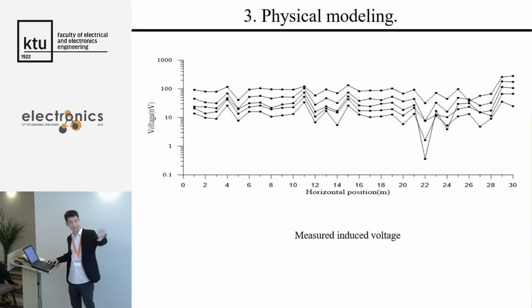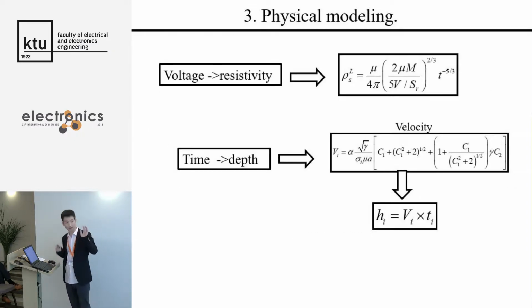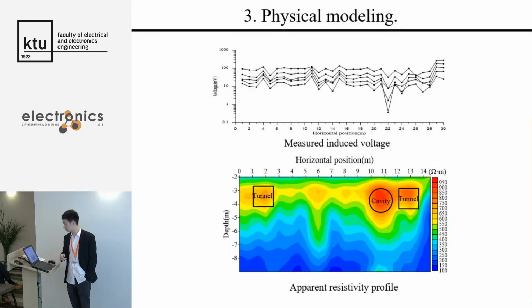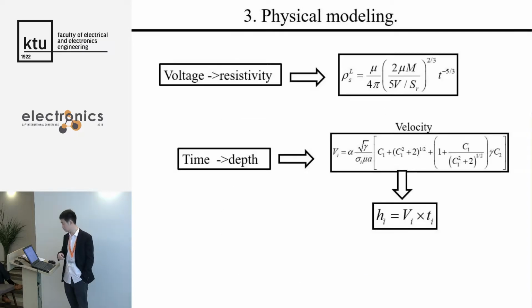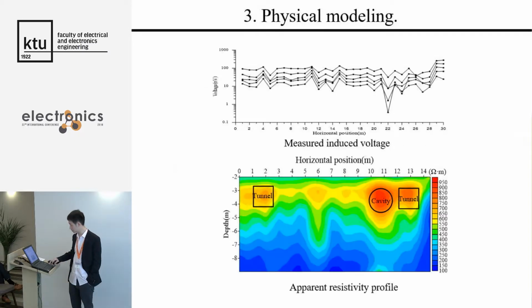So after we get this data, we've done a transfer from voltage to resistivity and from time to depth, so that we can get this picture. This is the measured induced voltage, and through these two equations, we can get something like this.